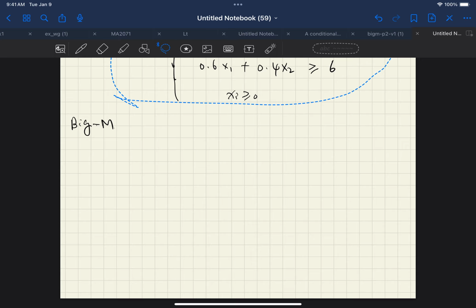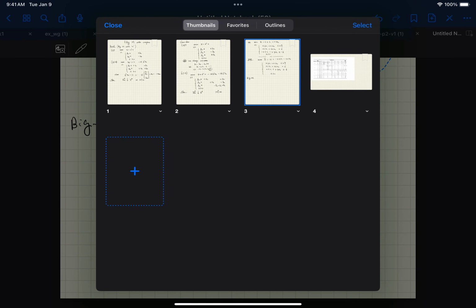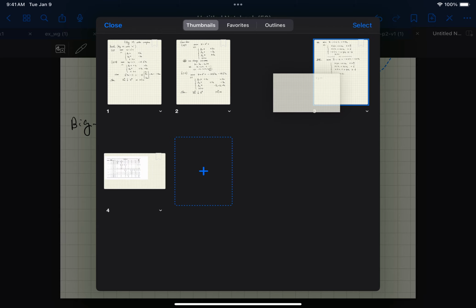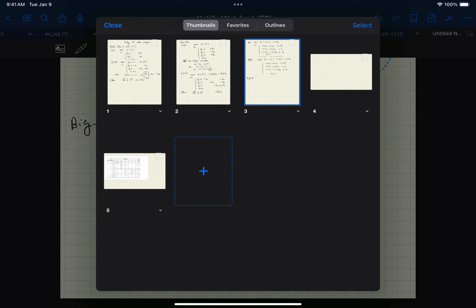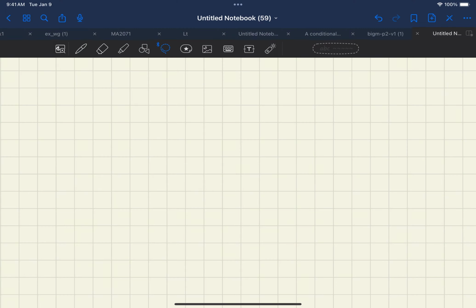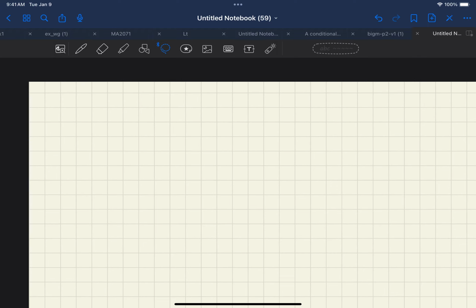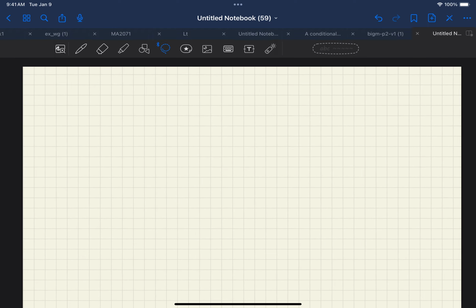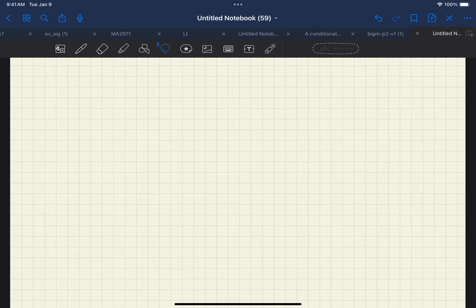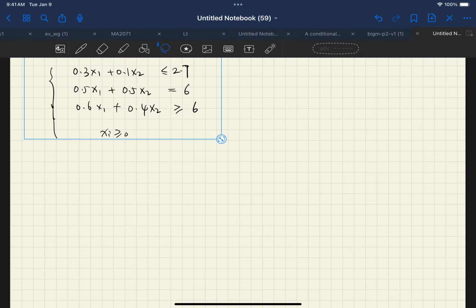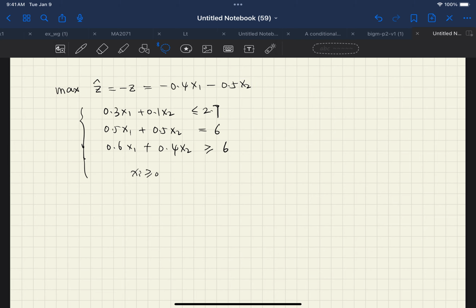Maybe I should take another page. So the BigM method, I just copied and pasted, there's nothing changed.